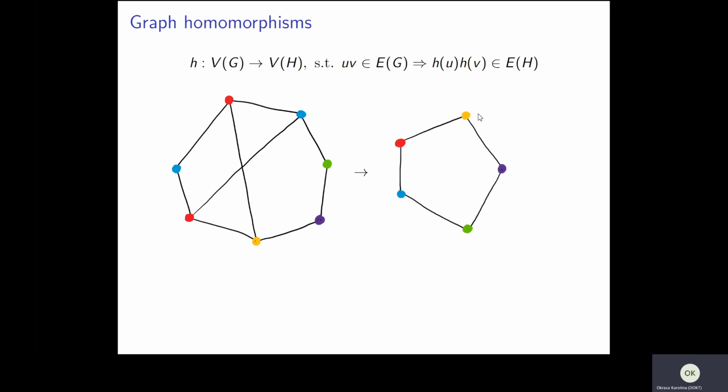So this is a graph G and this is a graph H, and we represent the vertices of H with colors.